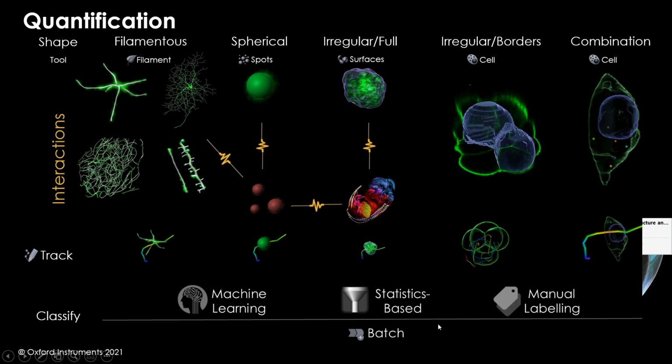You can classify different types of objects within your image, to understand within all of those spots you found, maybe some of them are expressing a transcription factor differently than others, and ensure that you're finding those. And then finally, we do have batch processing so that the work you've done can be repeated in a reproducible way over and over again without you having to do all of those mouse clicks yourself.